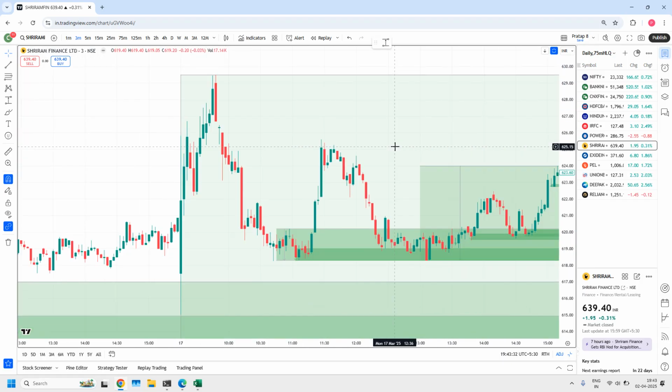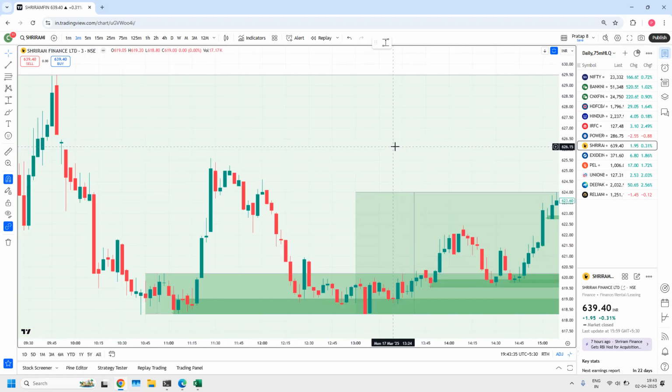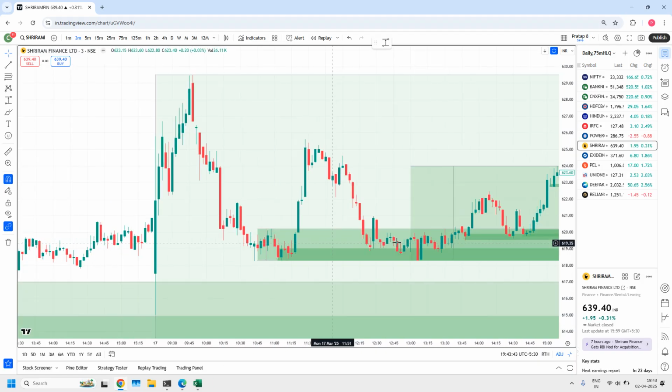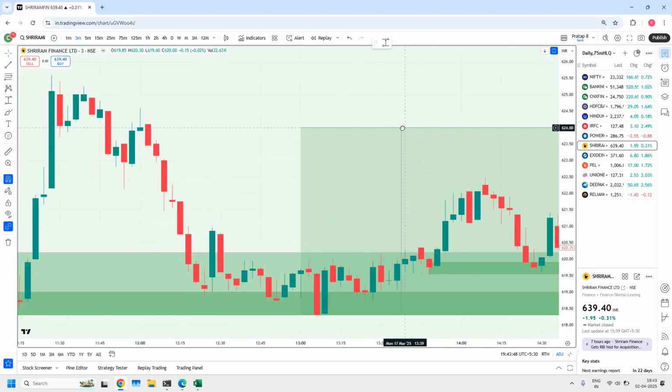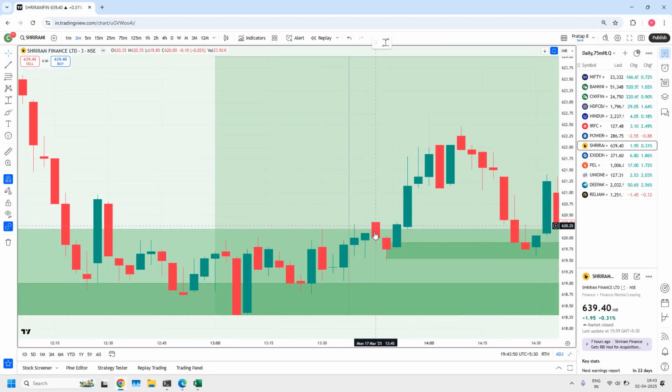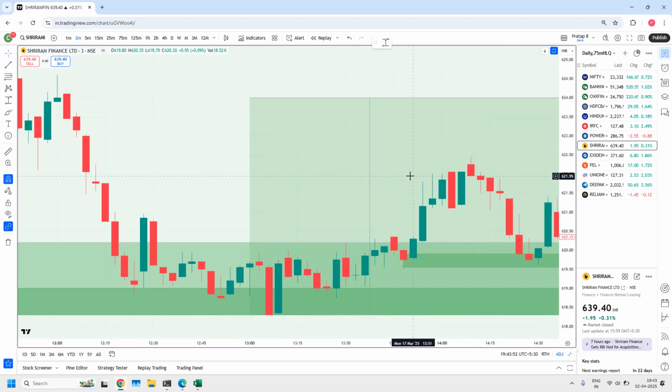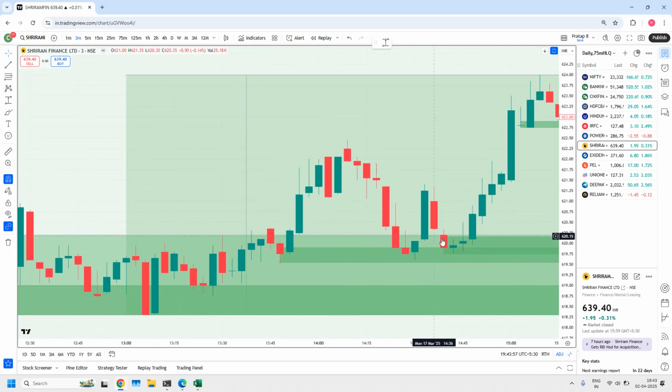Here. See, drop, 1, 2, 3, 4 base candles and rally, follow through candles. This is the 3 minute zone. Not that one, this one. Sorry. Drop, base, rally, follow through. This is the one. This 3 minute zone and 5 minute zone, both combined here. So this is the way I have drawn.